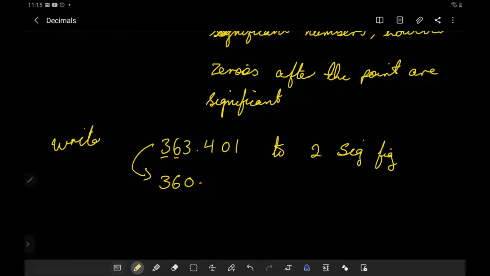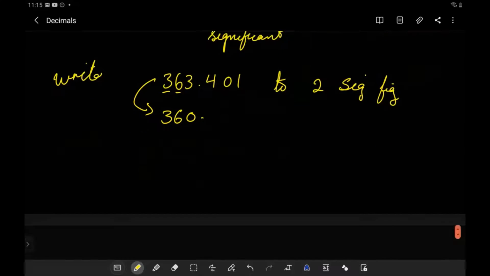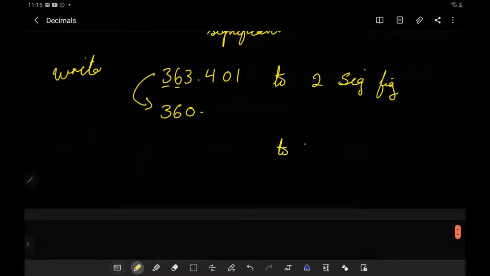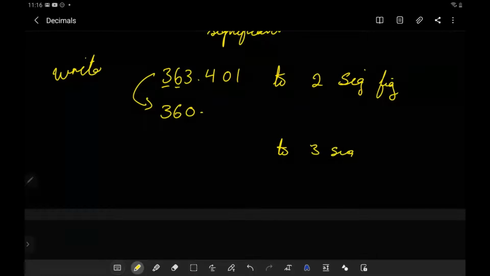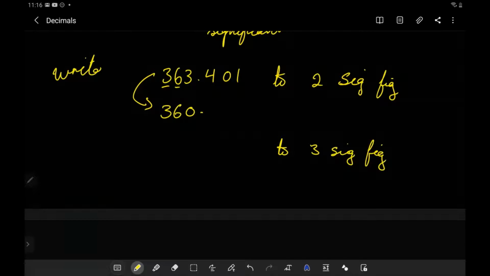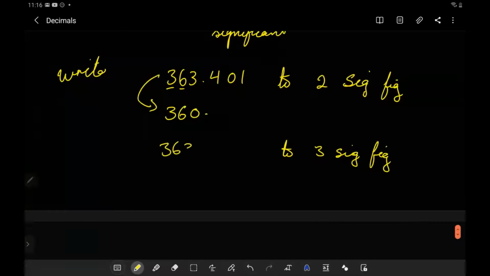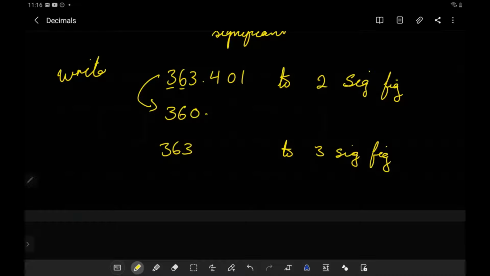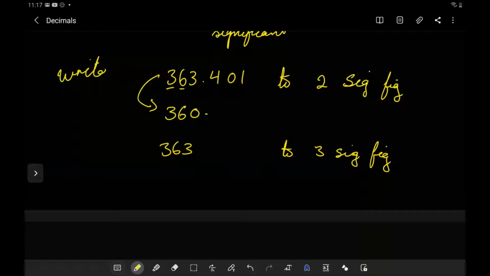What do you think it would be for three significant figures? Well, it will be 363, right?